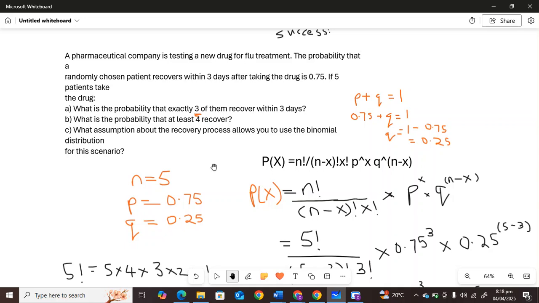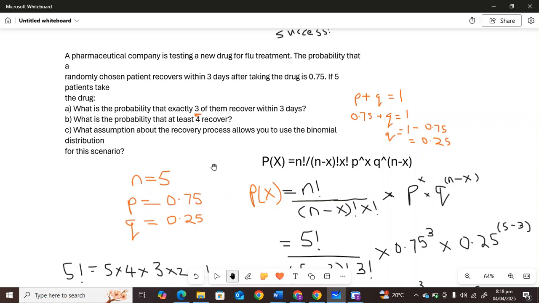So there are only two outcomes for this experiment. If you remember the definition of probability, probability is the likelihood that something can happen, the likelihood of an event occurring.